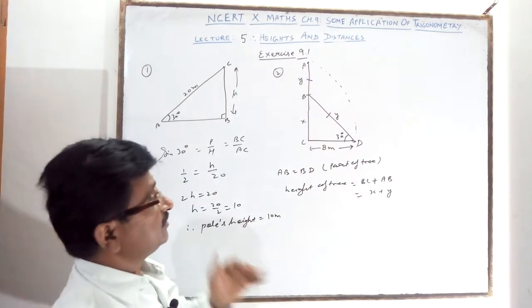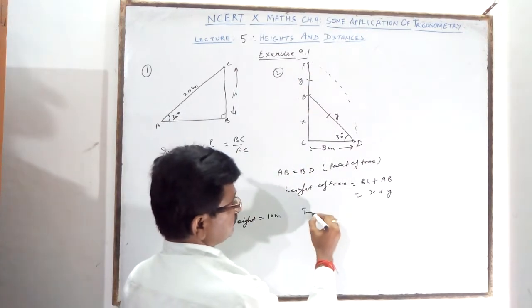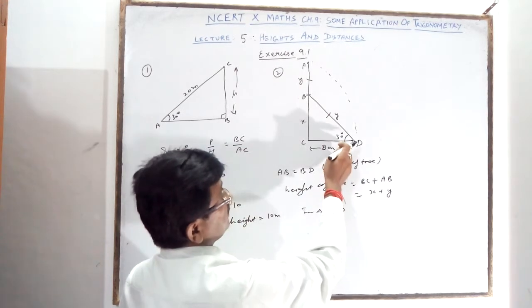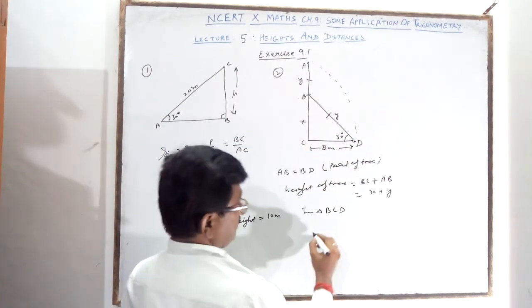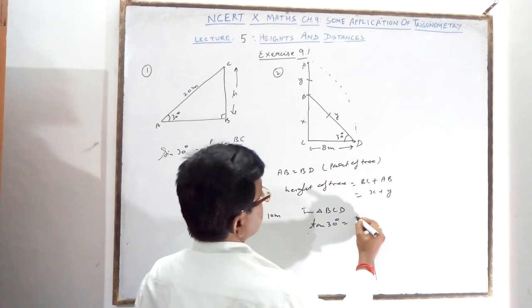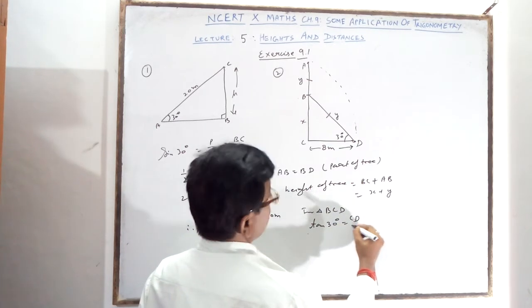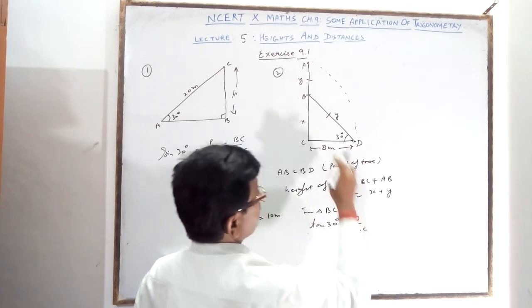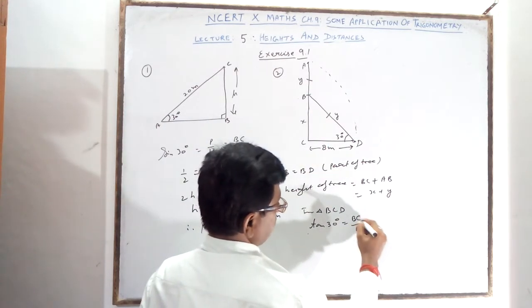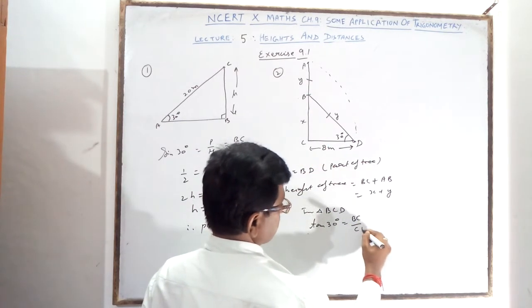So in triangle BCD, you apply tan, you get tan 30 because the base is given. Tan 30 means BC upon CD, perpendicular upon base.